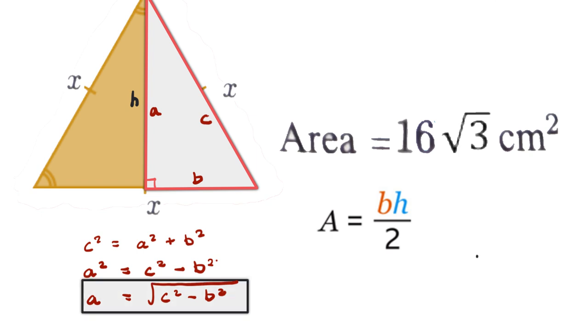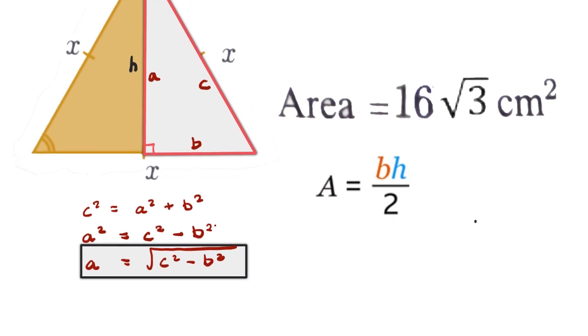So now I can start substituting the values in here and say that a is h, and therefore the root of, and c will be x squared, and b is, and now here's the bit that I don't like, because I'm going to have to use a half x all squared.